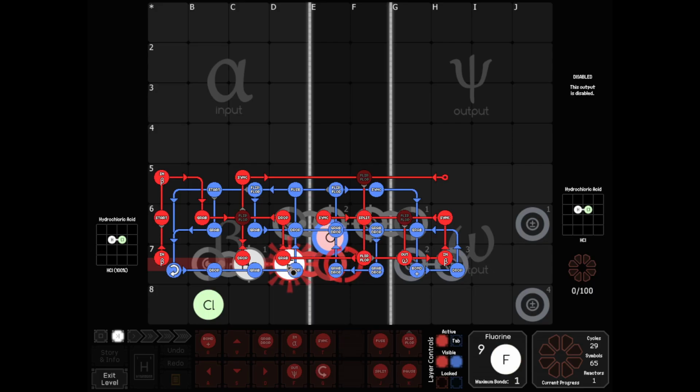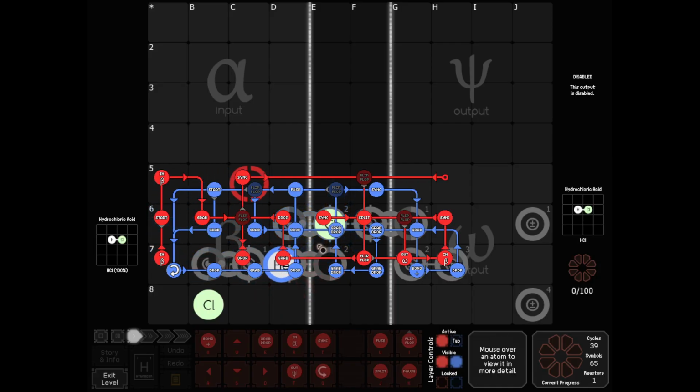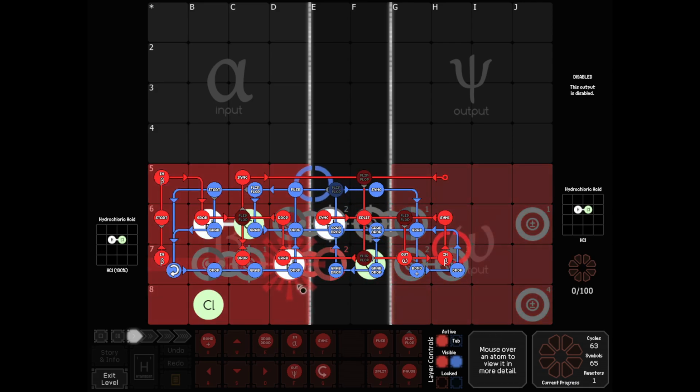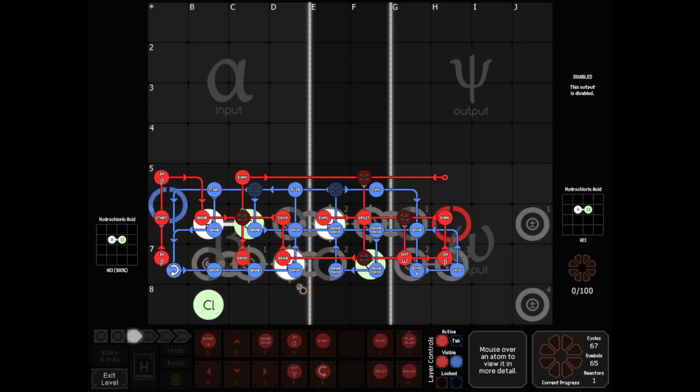So it's already splitting the chlorine to move it across and then fusing it back together. And then doing the same thing for helium, I would think. Yeah, this is so that both atoms can be handled with the same structure.